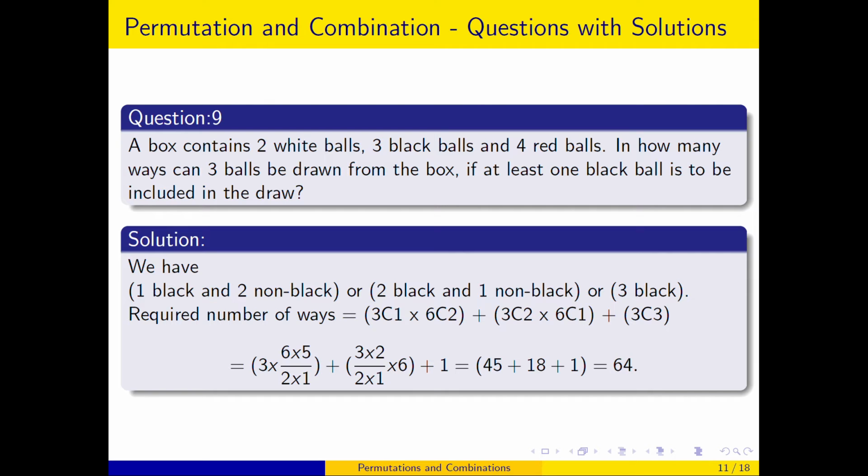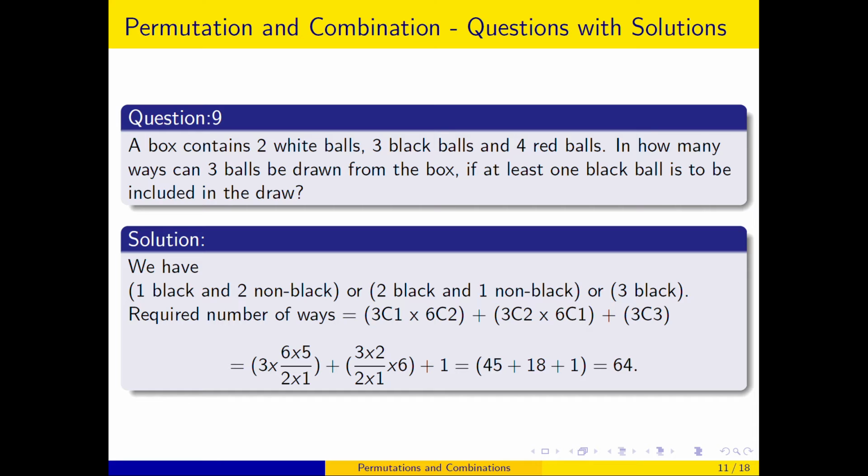Next question: a box contains 2 white balls, 3 black balls and 4 red balls. In how many ways can 3 balls be drawn from the box if at least 1 black ball is to be included in the draw? We have the combinations: 1 black and 2 non-black, or 2 black and 1 non-black, or 3 black.